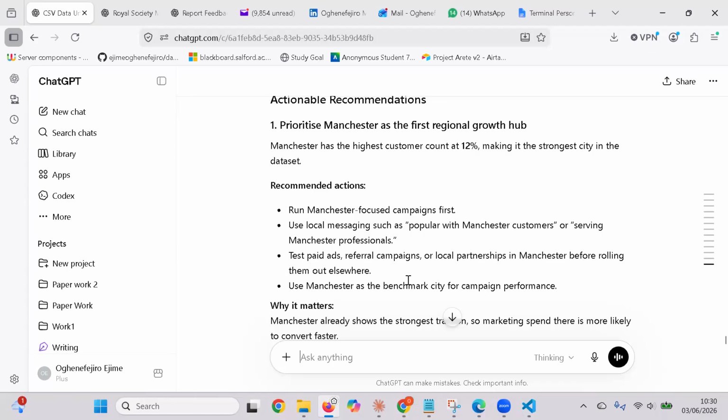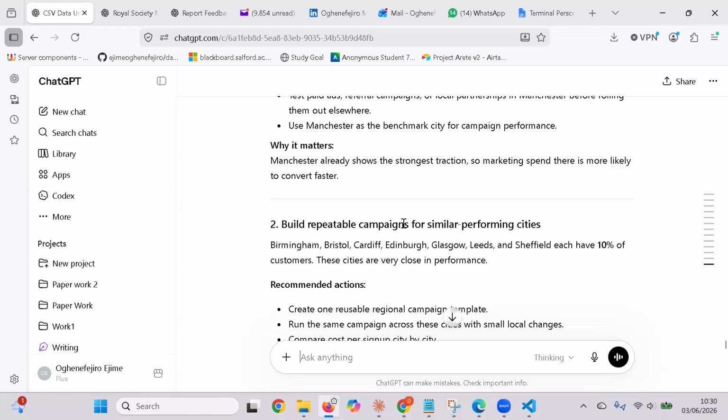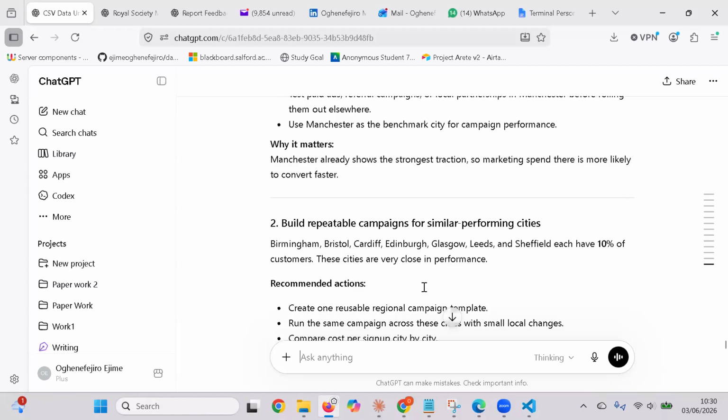Because Manchester is the big customer base, if you test it there, you can roll it out in all other places. Build a repeatable campaign for similar performing cities: Birmingham, Bristol, Cardiff, Glasgow, Leeds, and Sheffield, with each having 10% of the customer base.